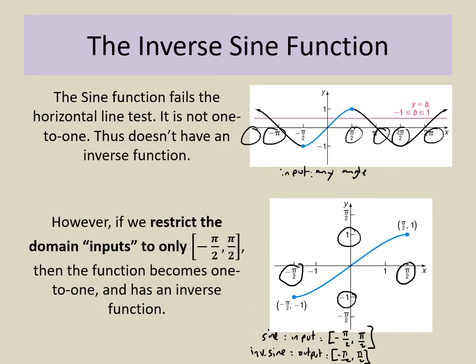So here's a reiteration. If we restrict the domain or the inputs of the sine function only to negative pi over 2 and positive pi over 2, then the function becomes one-to-one, and then it has an inverse function. Okay, so what do we need to understand? Concept.